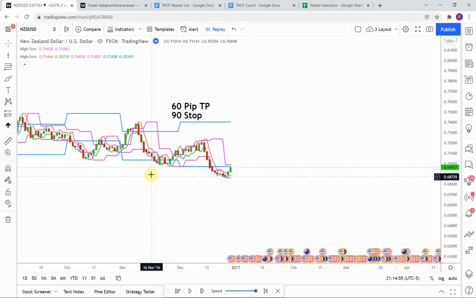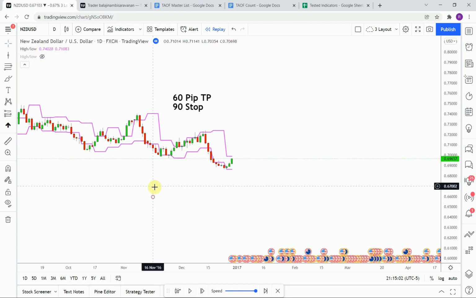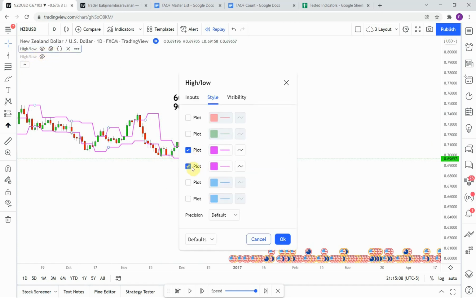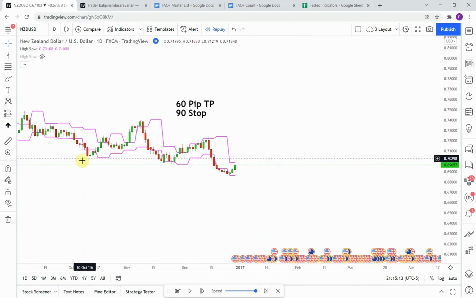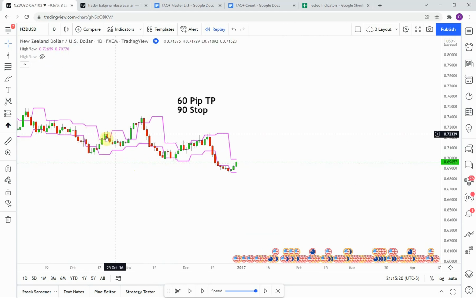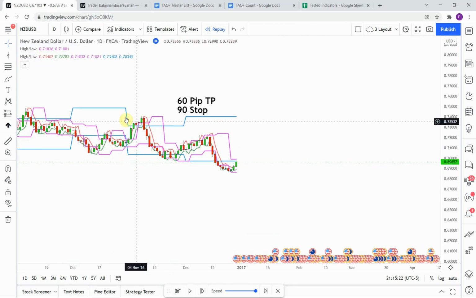And so to start off with this, let's go in and we'll turn everything off but the purple lines, the purple supply and demand plot lines right there. And so this gives us the support and resistance areas, or the supply and demand areas, on a little bit of a lower scale versus, say, the blue ones that are on a little bit larger scale.